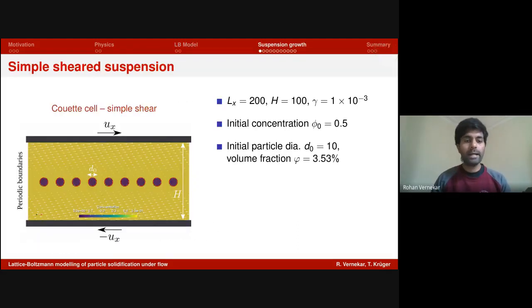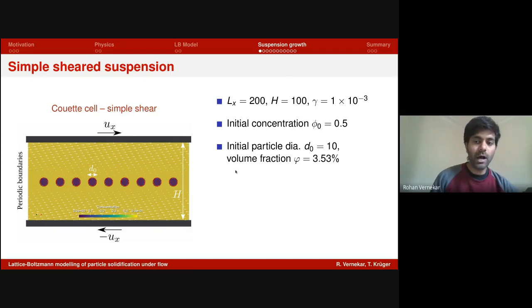Now let me go directly to a simple simulation case, which is a simple sheared suspension. Here we have a Couette cell with moving walls on top and bottom and periodic boundaries on the left and right hand side. We've got 9 particles, or initial seeds for particle growth, in this Couette cell lying in the midplane.